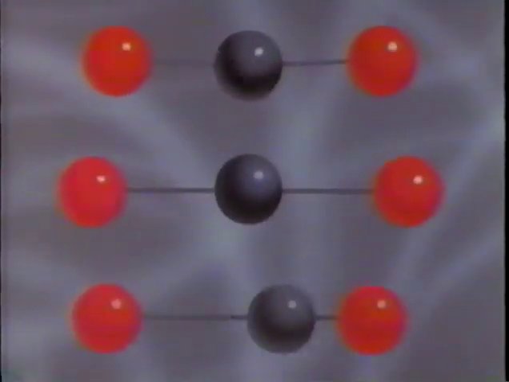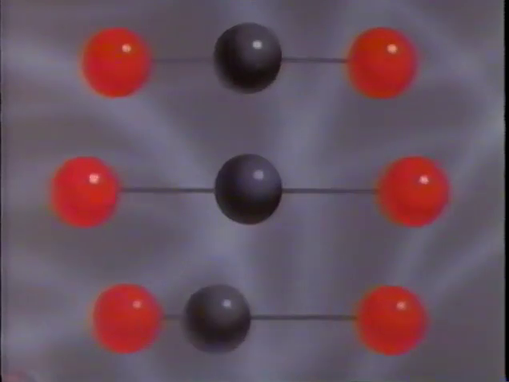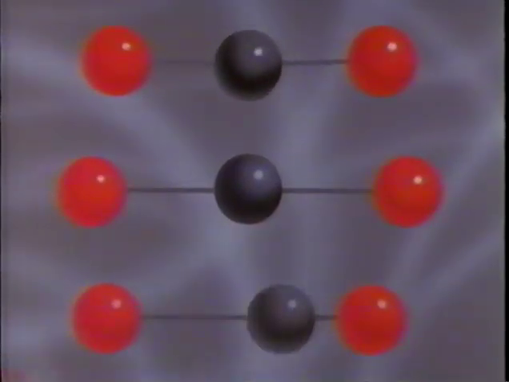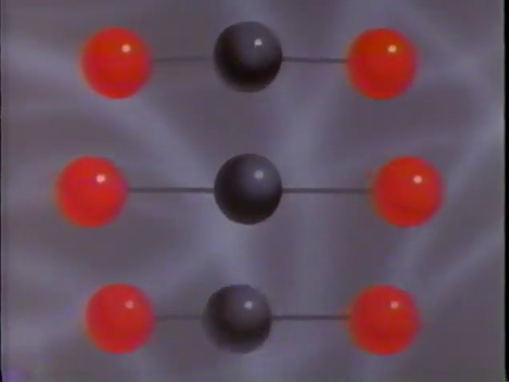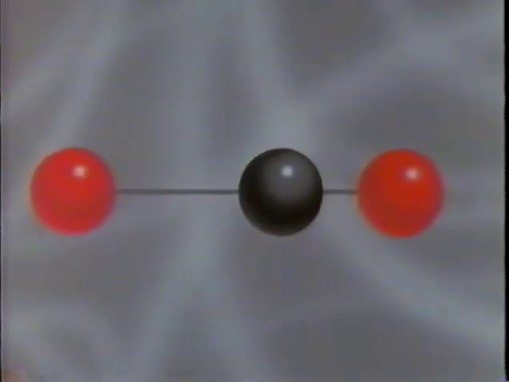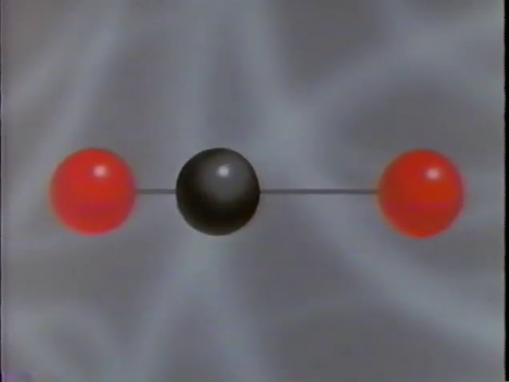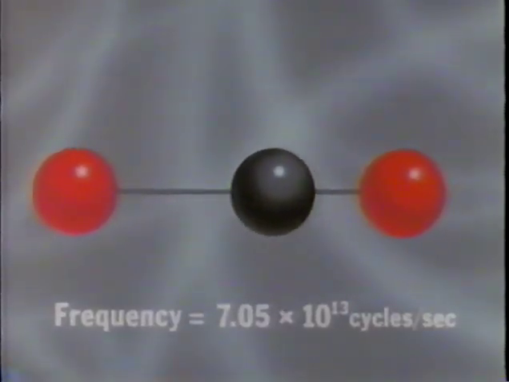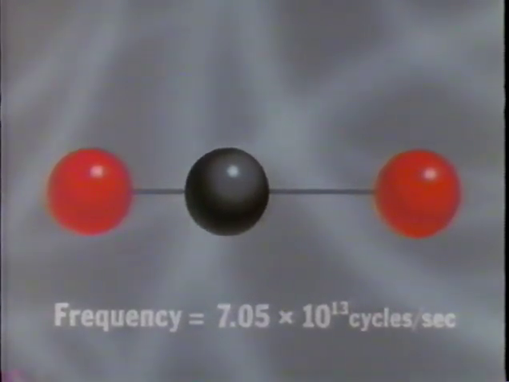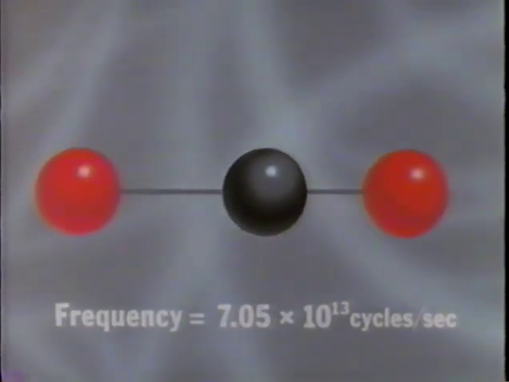We would find the same three characteristic types of motion in the actual carbon dioxide molecule. It would move like this at a frequency of 7.05 times 10 to the 13th cycles per second, the highest natural frequency of vibration.